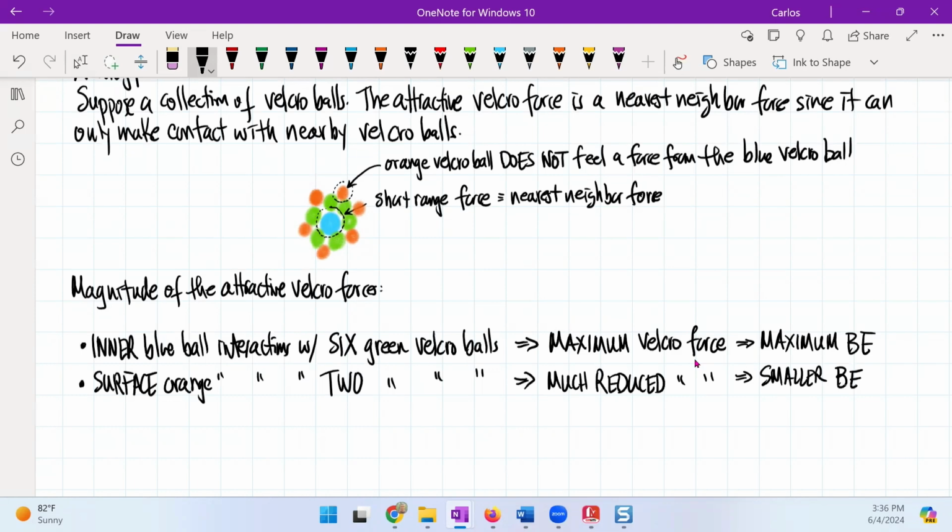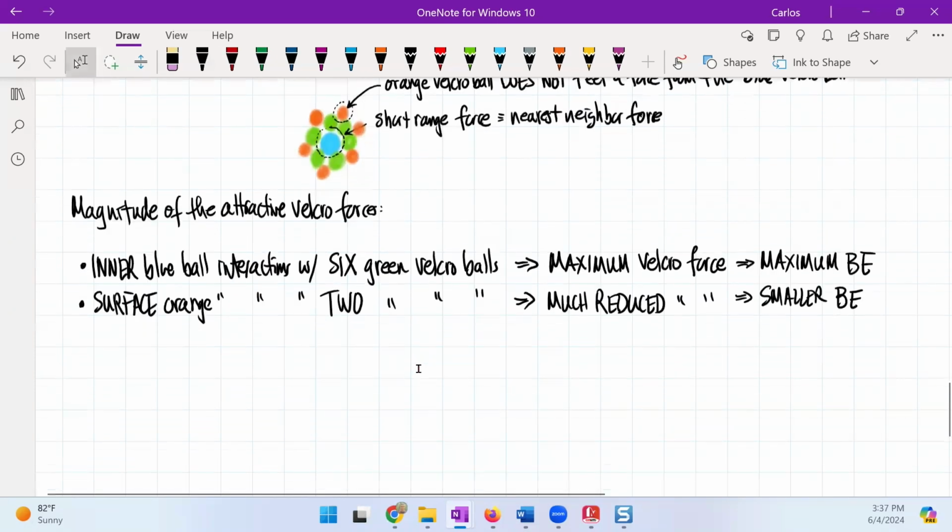It's the surface nucleons and nuclei that are the Achilles heel, just like this. If I'm going to remove a blue ball, I'm going to have to work a lot harder. Why? Because I have to deal with 6 green Velcro balls. They're holding it tighter compared to the orange one. The orange one only has 2 green balls, so that's a much reduced force that I have to apply. Or we say that it's binding energy. So here we go.